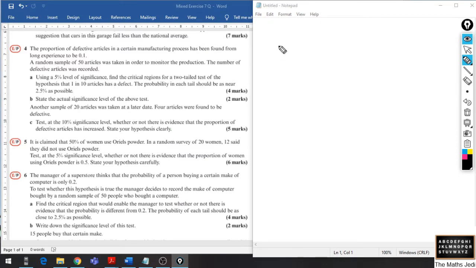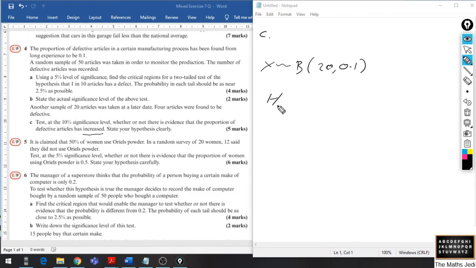So part C. Part C is talking about a 10% significance level, whether or not there's evidence that the proportion of effective articles is increased. So increase is the critical word here. Increase means it is a one-tailed test, so it's covered in previous videos. It's still a binomial distribution. Again, conditions for a binomial are covered in the previous videos, so if you want to look at that, please do check those out. Again, we're being asked for 0.1 here.